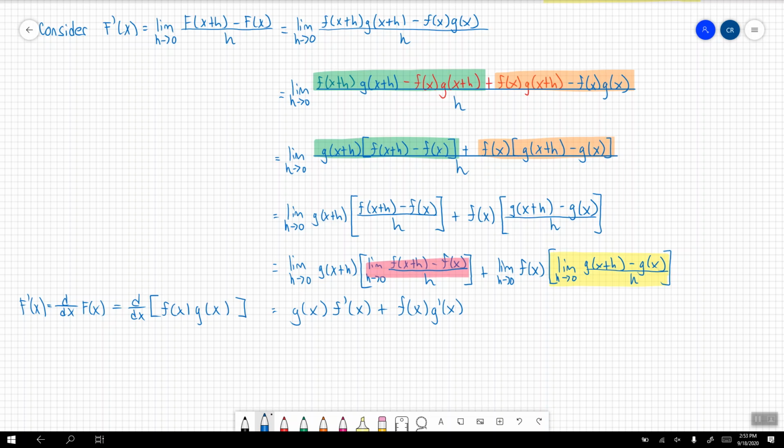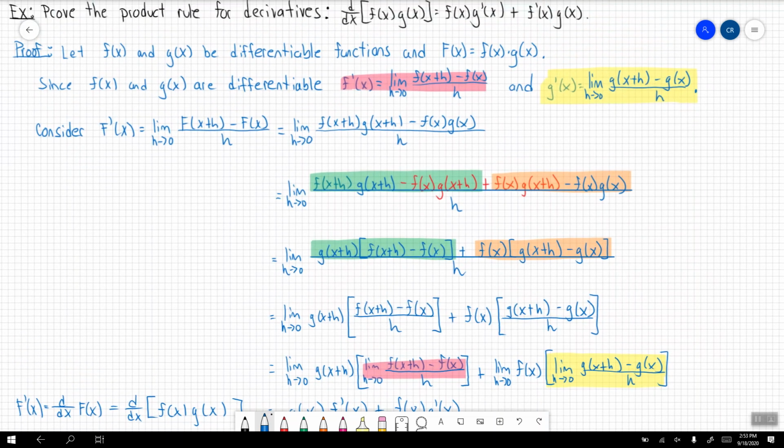Which means we've actually proven that when we take the derivative of a product of functions, f of x times g of x, we wind up with g of x times f prime of x plus f of x times g prime of x. So this is what we were proving, which means we're done with that proof.